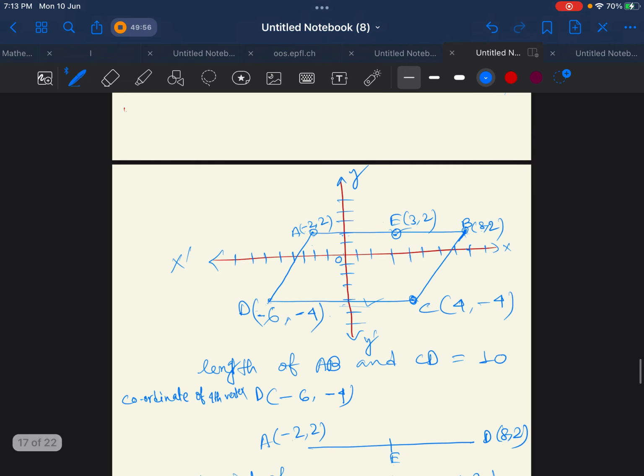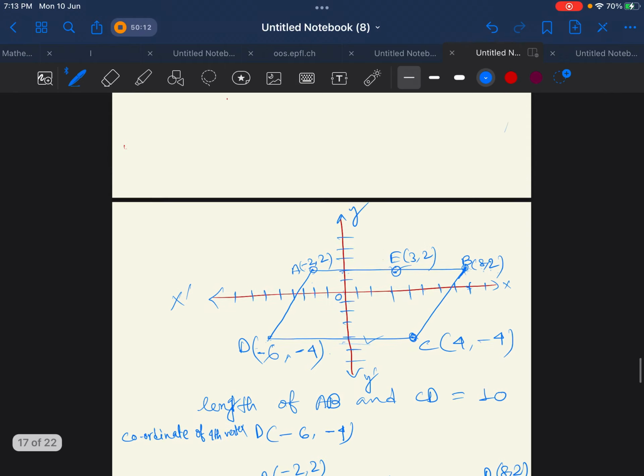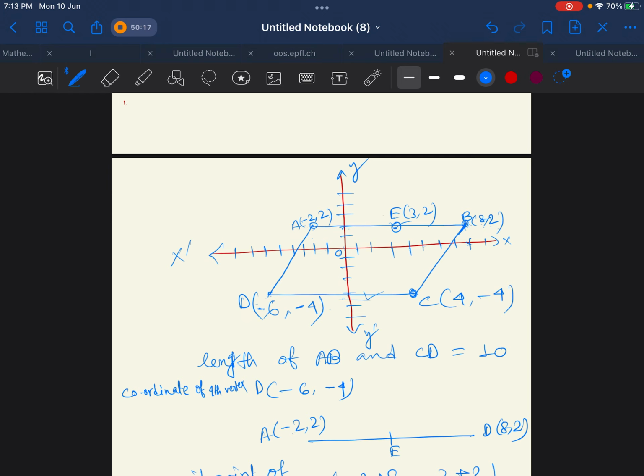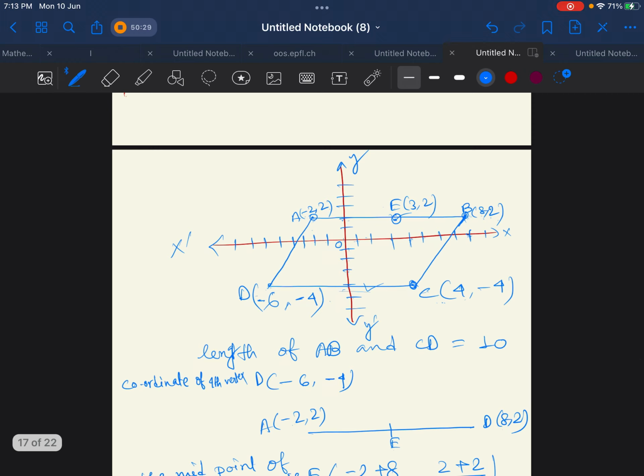This is the point A (-2, 2), and B (8, 2). So here is (8, 2): 1, 2, 3, 4, 5, 6, 7, 8, and 1, 2. So this is the point B (8, 2). Okay, and C point (4, -4): value of x is 4 and value of y is 1, 2, 3, 4, so -4. So this point C is here, (4, -4).